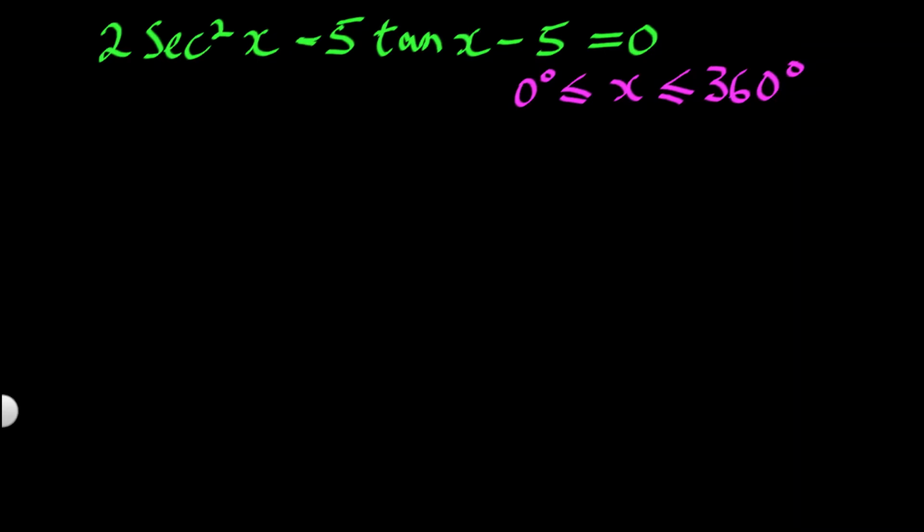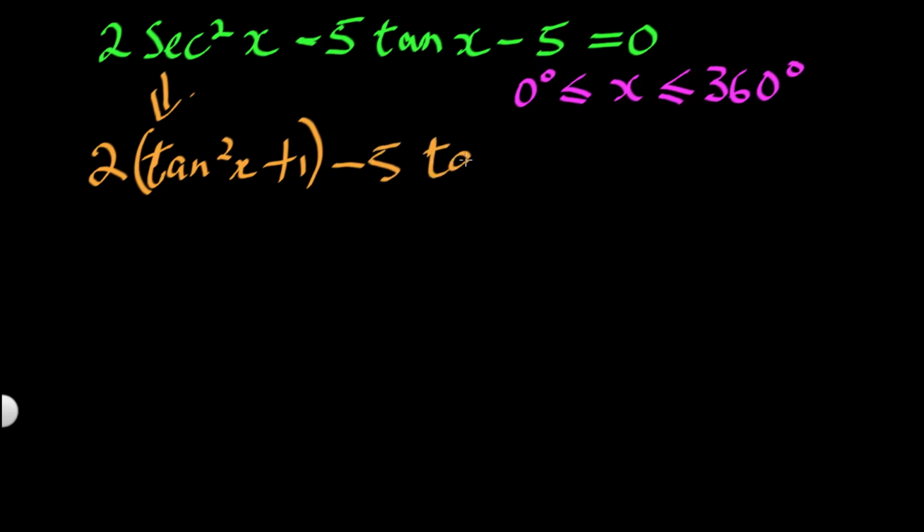So where there is sec squared x, we can replace it with 1 plus tan squared x, or tan squared x plus 1. This is what we can do. So let us go from here. Let's go down here. So this means 2 times (tan squared x plus 1) minus 5 tan x minus 5 equals 0.